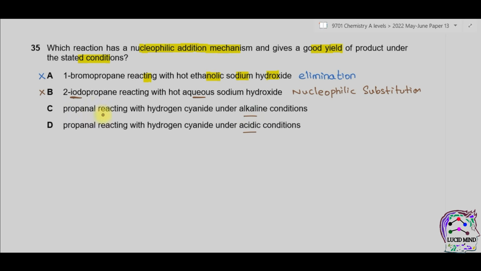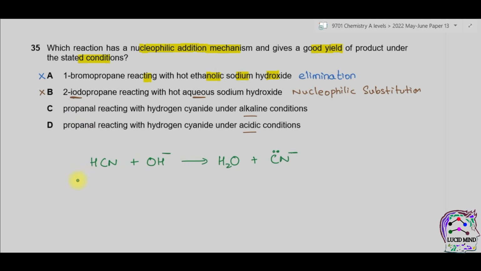Let's see what happens when propanal reacts with hydrogen cyanide under alkaline conditions. Hydrogen cyanide is HCN. It can react under alkaline conditions. Alkaline means we have OH negative. So what will happen? This OH negative will abstract a proton to make water and CN negative is formed. Now this CN negative is a nucleophile.